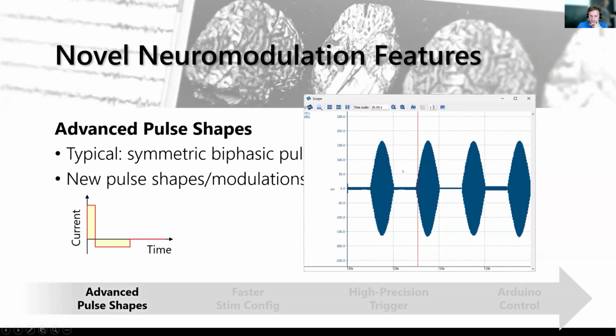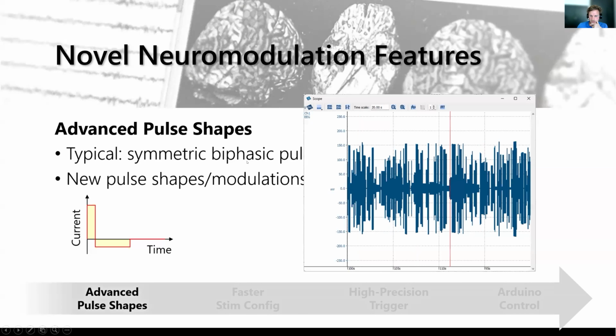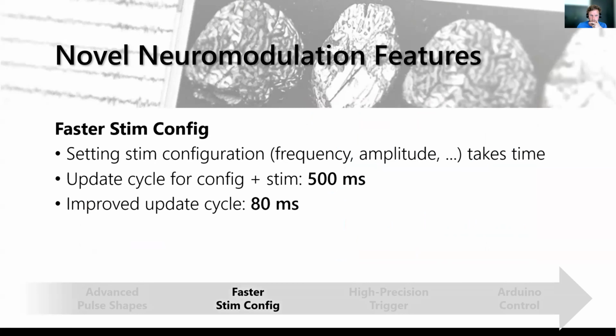You can also use a gated sinusoid to create these kinds of patterns, or you can even randomize, in case you want to inject a random stimulation at some point into the brain. So these are the new advanced pulse shapes we have come up with. And some other requests have focused more on the timing, to get even faster when configuring the stimulator.